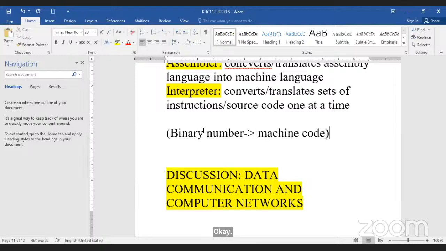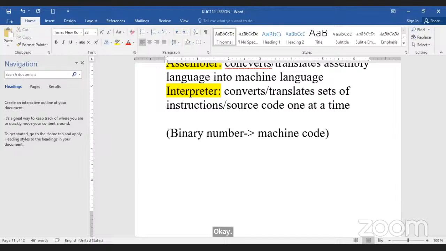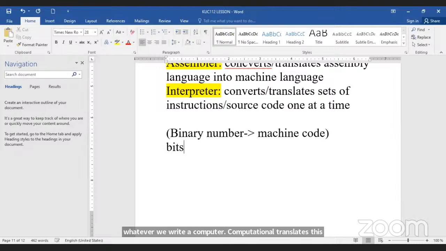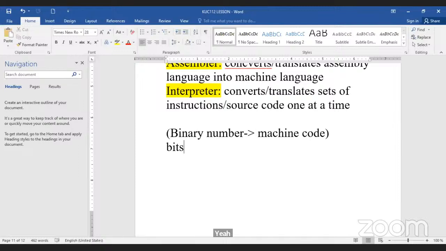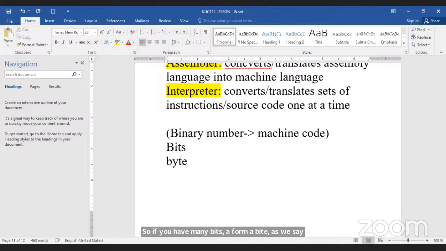Whatever we write, a computer translates this information into bits, and that's what only the CPU understands. Many bits form a byte, as we said. Then you have a kilobyte, a megabyte, gigabytes, then terabytes.